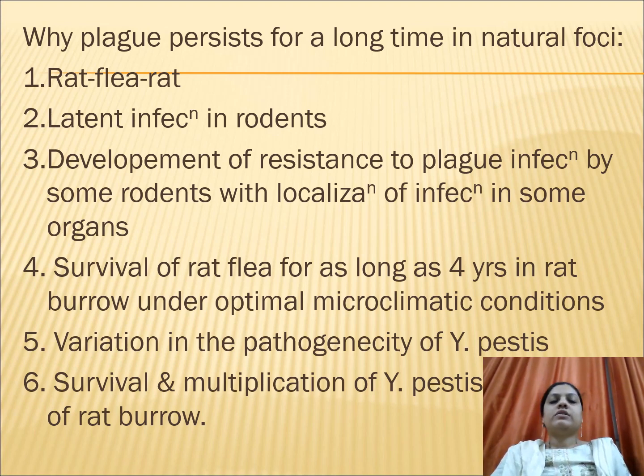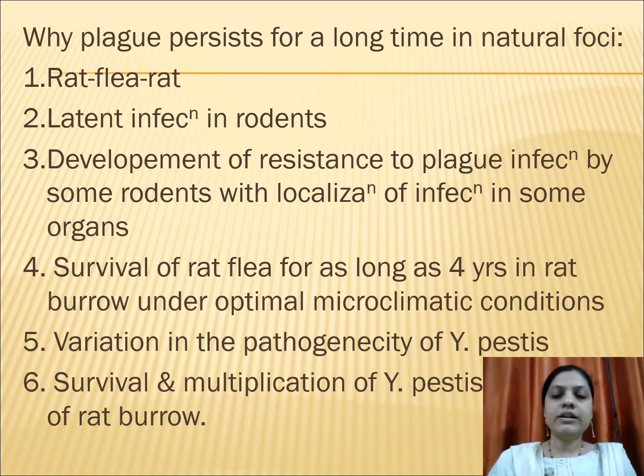So the bacilli are maintained in this rodent-flea-rodent cycle, or in the form of latent infection among the rodents, or the development of resistance to plague infection by some rodents with localization of infection in certain organs. So the bacilli get located in one organ like the lung, and they remain there dormant, just like the TB bacilli remain dormant in humans.